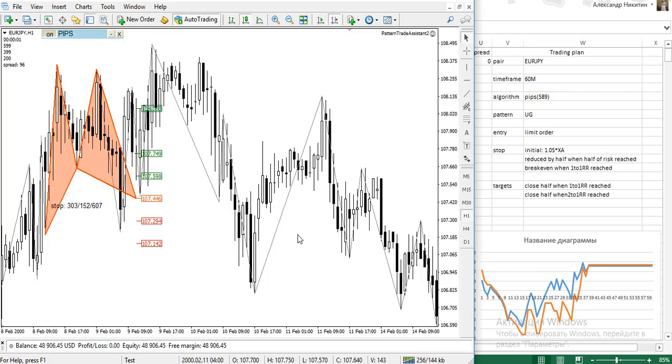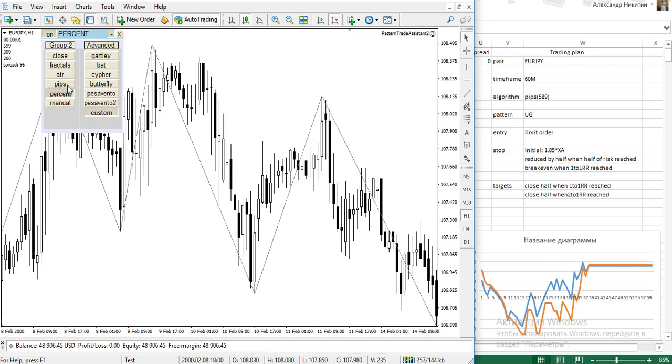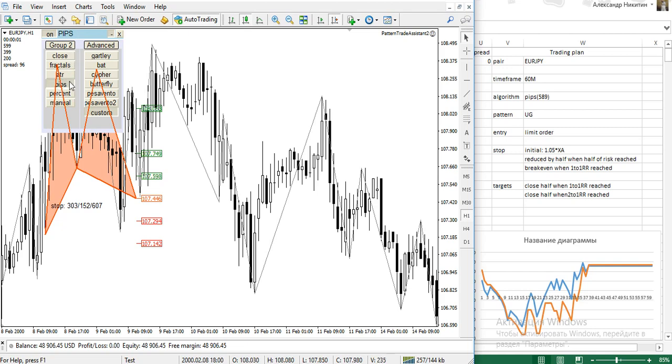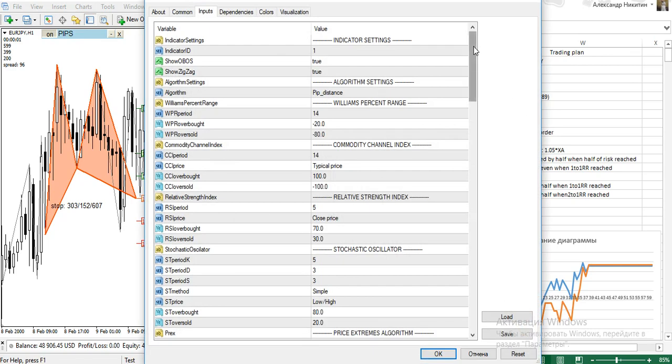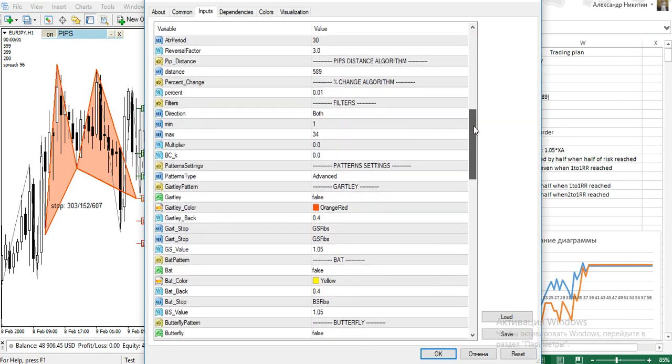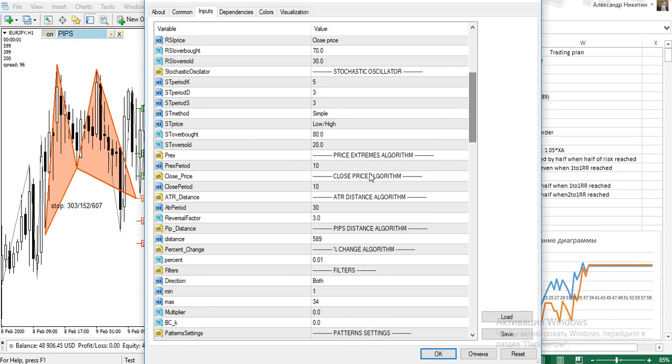Lucky we are to have MPS 5, where you can simply switch the algorithms, and in the settings of MPS 5 you can set the value of that algorithm.